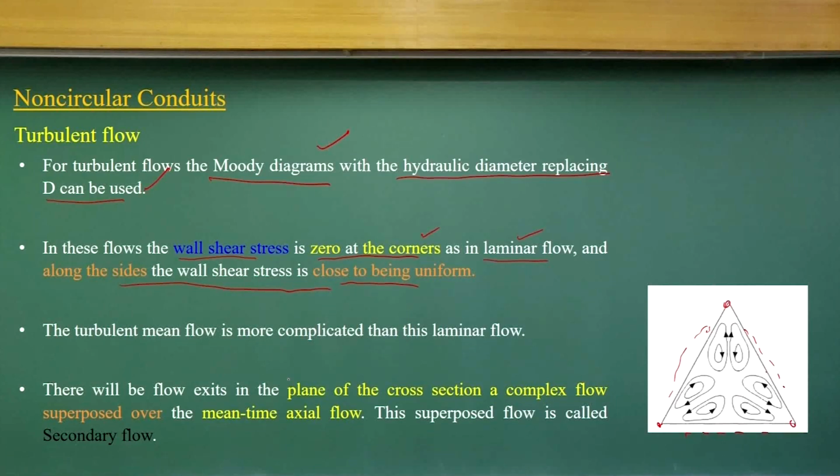Now, when you have this type of flow, you can always have this type of vortex formation. Okay. This type of vortex formation you can see, and these vortex formations we call secondary flow generations. These are responsible for mass exchange and momentum exchange through the flow system.